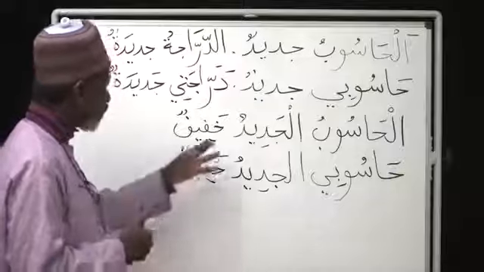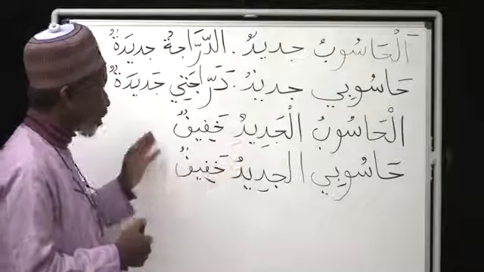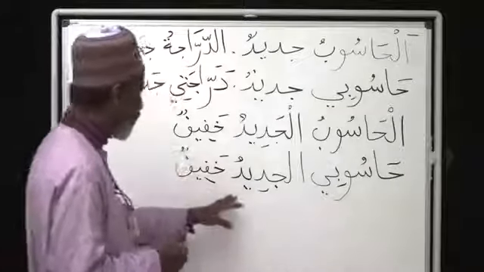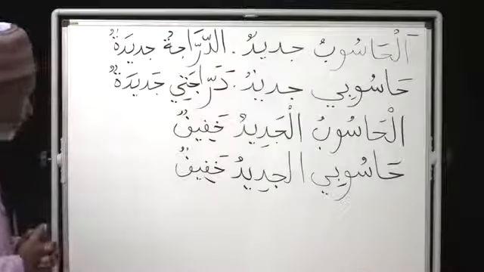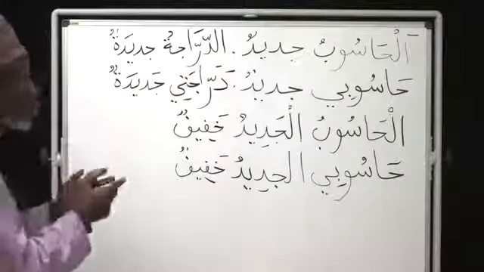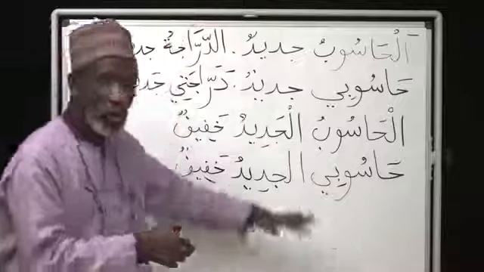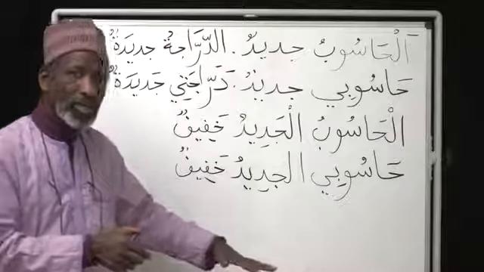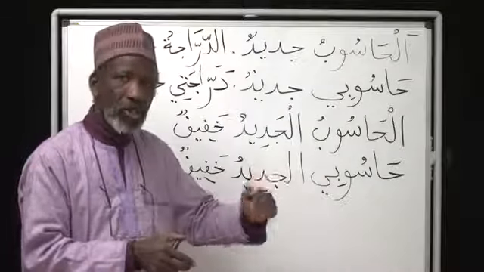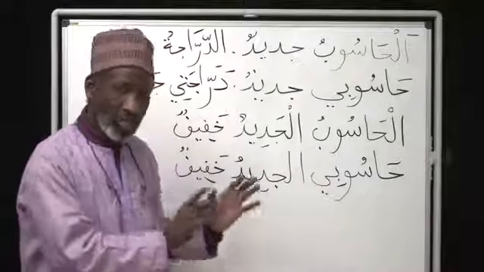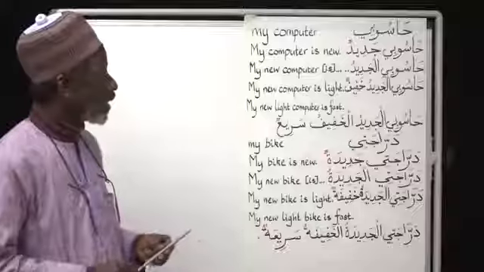So الحاسوب الجديد, الحاسوب الجديد خفيف. Now I'm going to put, as usual, the chart on the board for you. That chart will give us the summary of what is being explained.